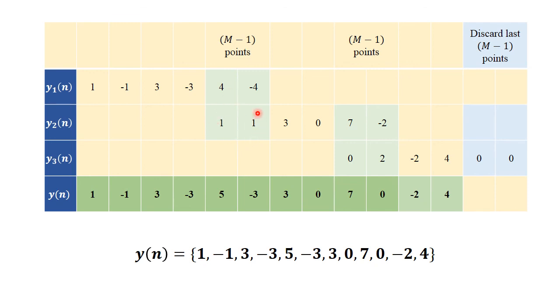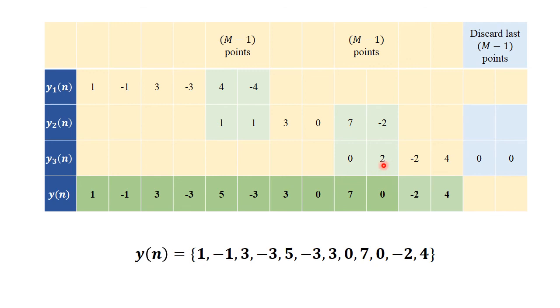So that has been shown over here. You can just observe the color variation. Similarly, second sequence last m minus 1 points must be overlapped on the third sequence first m minus 1 points. So that has been done over here. You can observe the color change in the box.